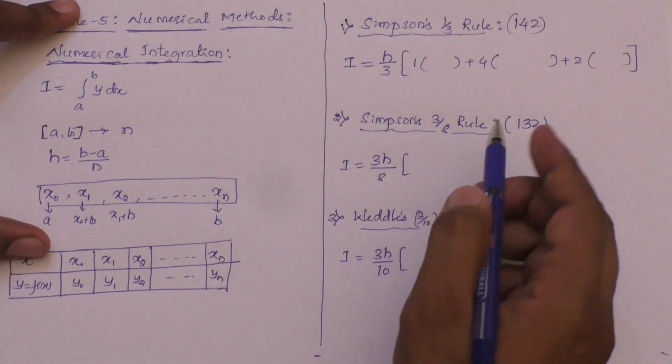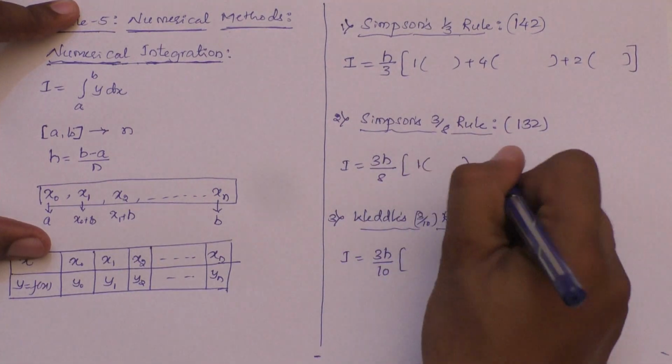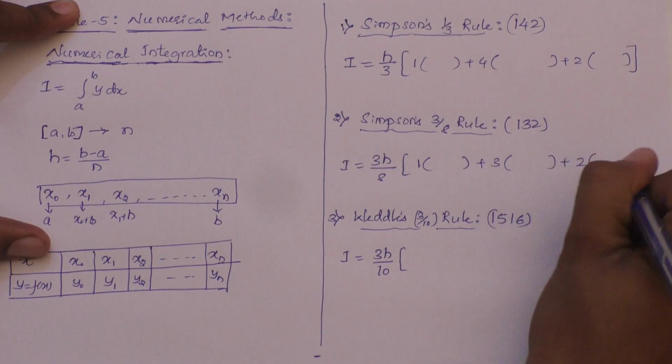Similarly 132: 1 into the first bracket, 3 into the second bracket, 2 into the last bracket.